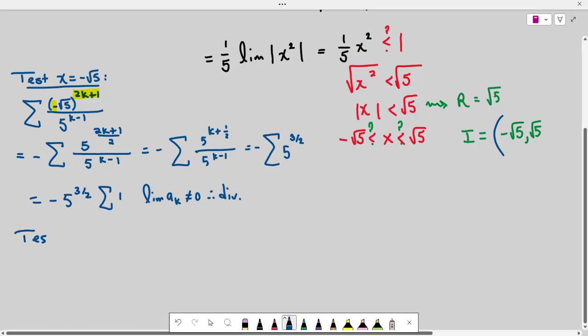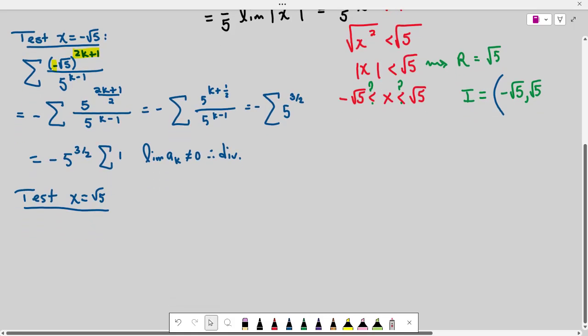Yeah, exactly. So Austin is just pointing out that when we plug in, the only difference is this minus sign. So we're going to end up with the exact same thing: the summation of 1 with a coefficient out in front of 5 to the 3/2. And same thing here. Limit, ooh, that's not how you spell limit.